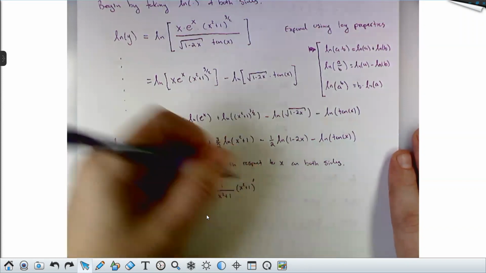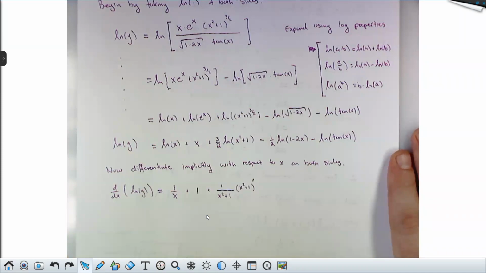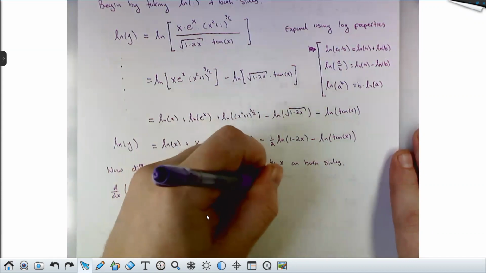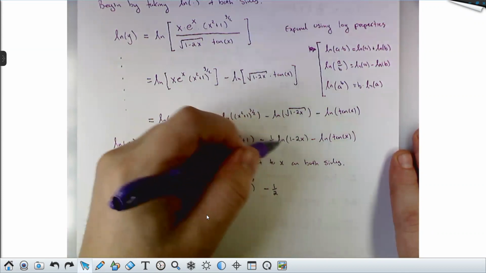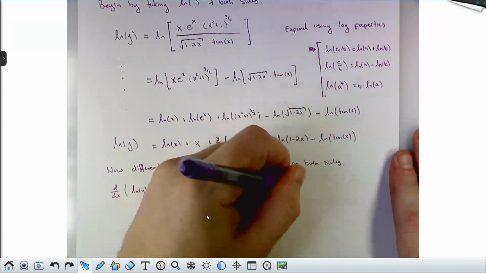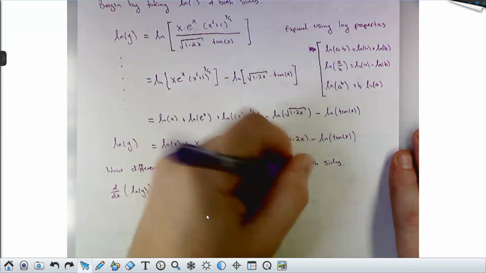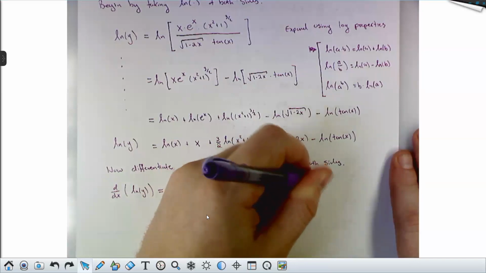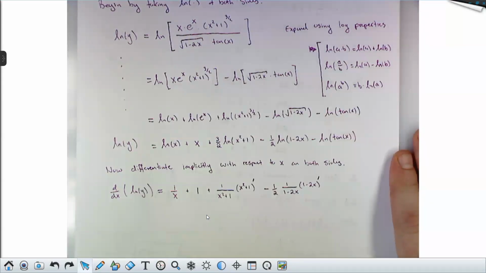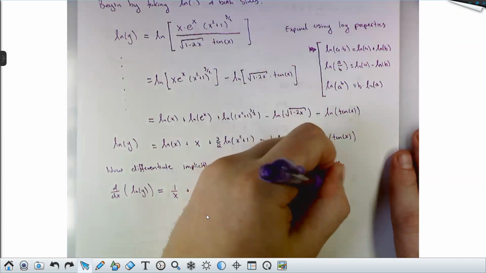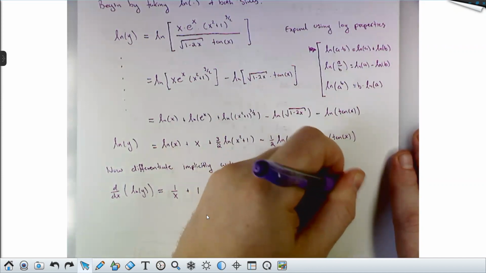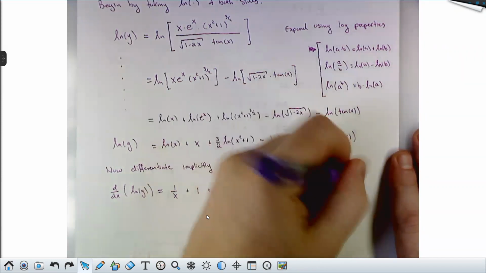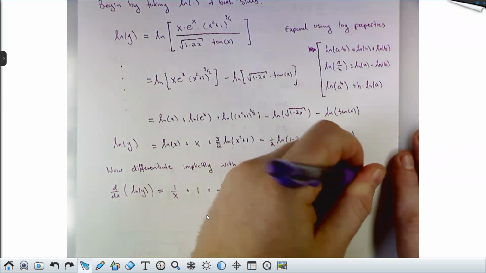Maybe I'll write that in the prime notation for now. And the other pieces here also require the chain rule. This next piece is going to be minus 1/2 times the derivative of the outer function, leaving the inside as 1 minus 2x. That's going to be 1 over (1 minus 2x) times the derivative of 1 minus 2x. And finally, this last guy, ln of tangent, we'll get 1 over tangent x, differentiating the outside, leaving the inside alone, times the derivative of tangent x.